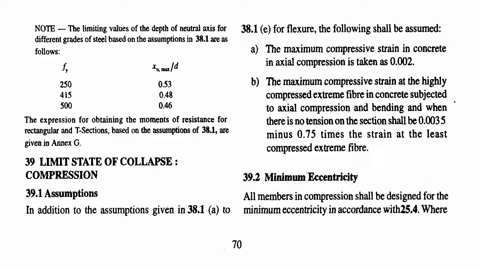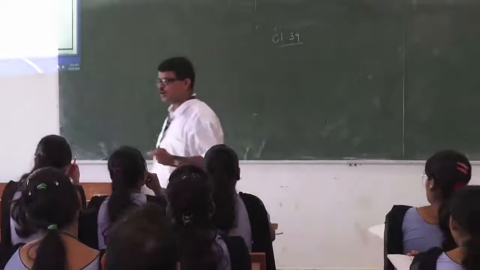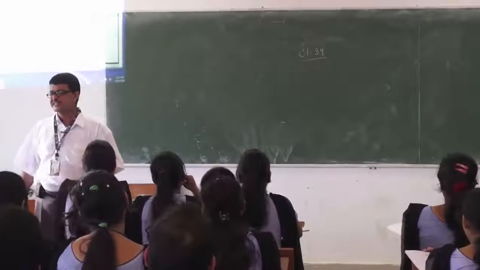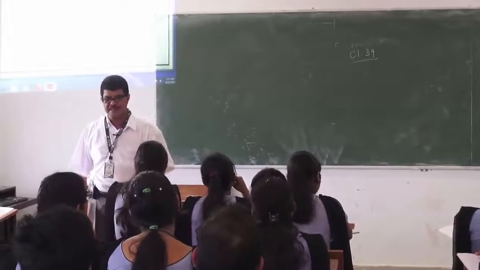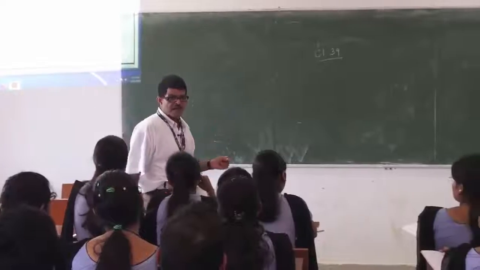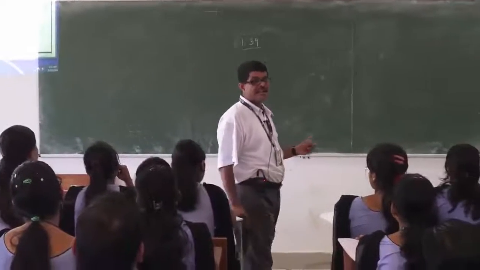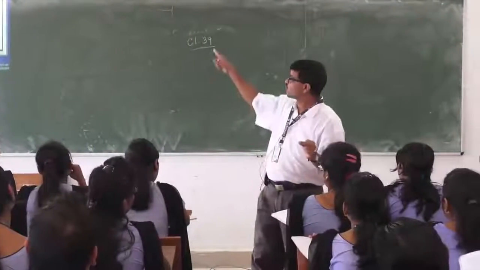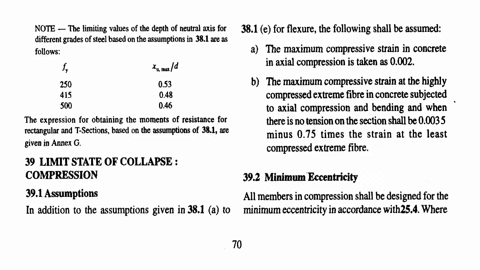That means whatever assumptions we have considered for bending or flexure design, the same assumptions remain valid for compression members. Okay. In addition to that, there are two other conditions. What is the first condition? The maximum compressive strain in concrete in axial compression is taken as 0.002.